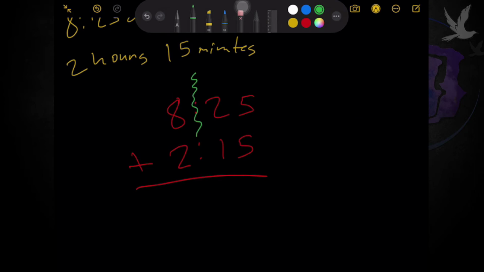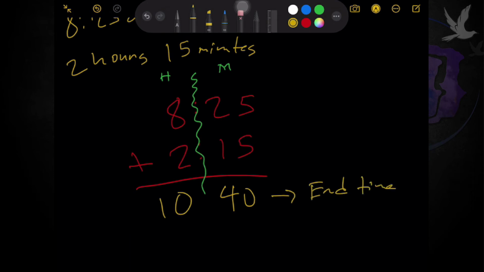You need a separator in between. You don't mix minutes and hours unless you convert them, okay? So, in this case, 25 plus 15 will give us 40. And 8 plus 2 will give us 10. So, this is your end time, 10:40.